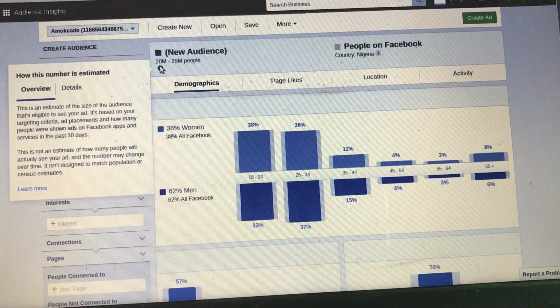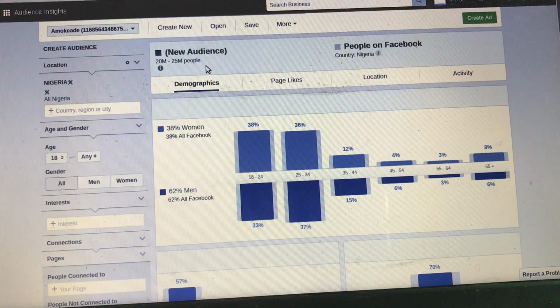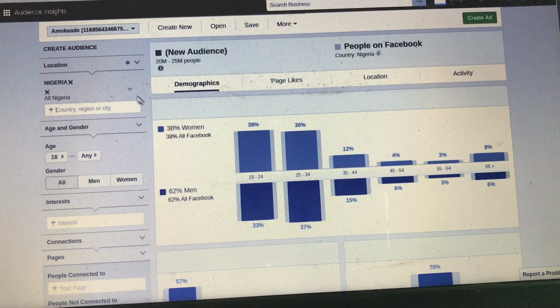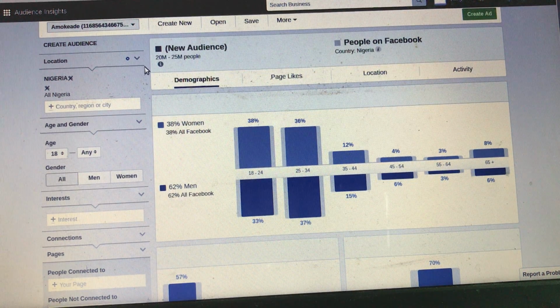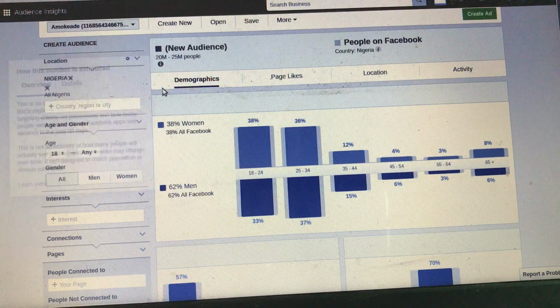As you can see, the number of people using Facebook in Nigeria are 20 million to 25 million people. You can imagine, if you are not advertising, you can imagine losing these numbers, you get. So we are still narrowing it down to your own audience, you understand. So as we go on, you get to see who your audience are and their numbers here.